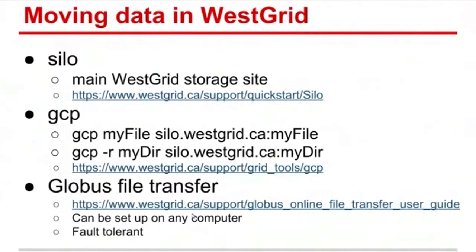And so you can start a transfer going between a WestGrid machine and your desktop, for example. And the nice thing about it is it's fault tolerant. So if there are problems with network issues, it will recover and it will start again when the network is working again.